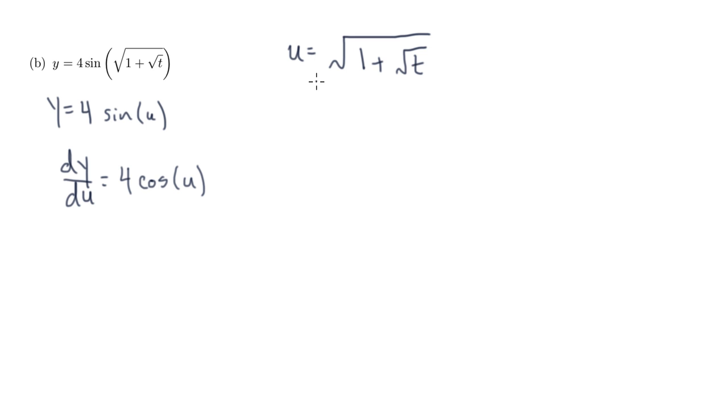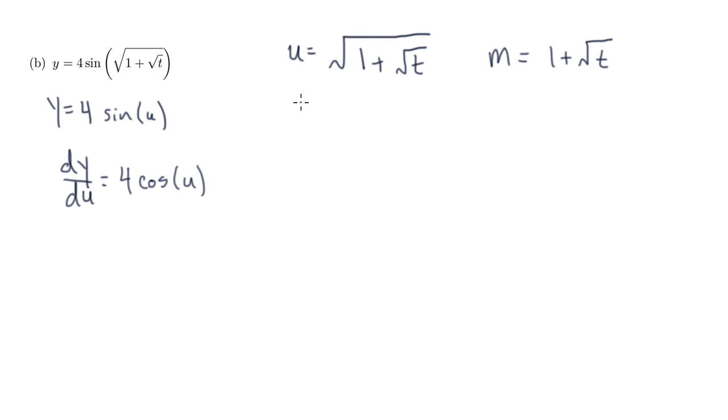Well, I'm actually going to do something very similar. I'm going to let m equal 1 plus root t, because I'm recognizing that u actually is a composition of functions. It's a composition of the square root function with 1 plus square root of t.